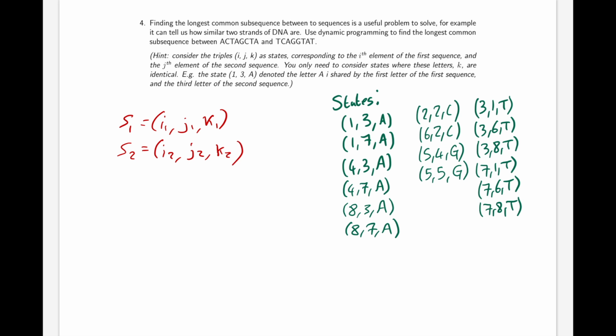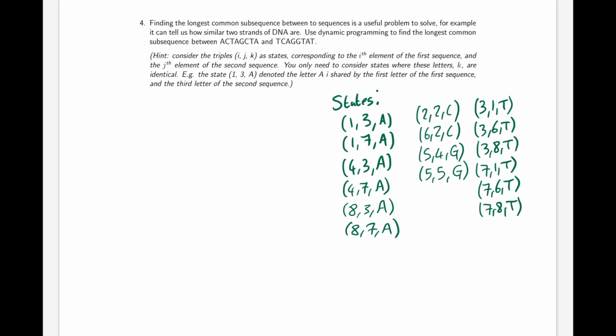S1 precedes S2. Its position in the first sequence precedes, and its position in the second sequence precedes. And therefore we can say there would be an edge between S1 and S2 if S1 precedes S2.